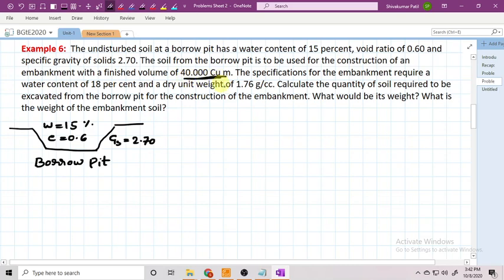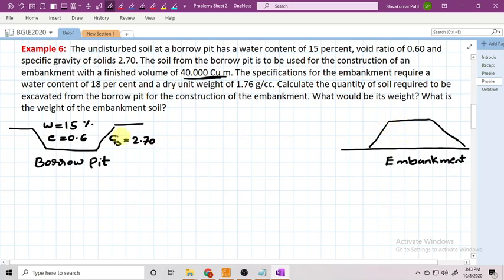So what they are doing, they are constructing an embankment here. This is the embankment. They are taking soil from the borrow pit and constructing an embankment at some other place.